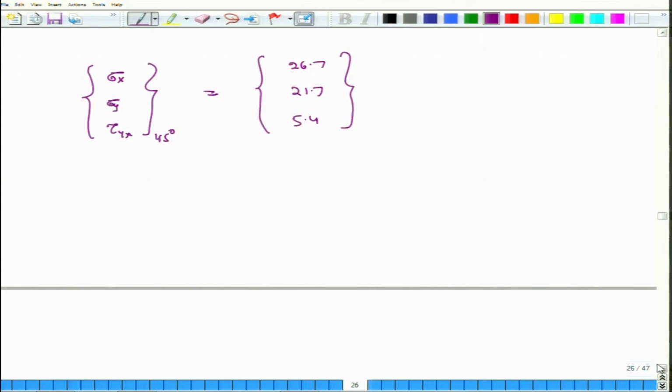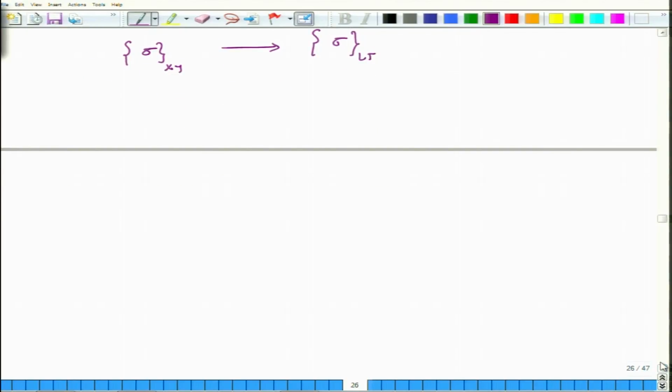Now we can do the transformations. We can transform sigma from the xy system to the LT coordinate system by using appropriate transformations, and finally what we get is sigma L, sigma T, tau LT.